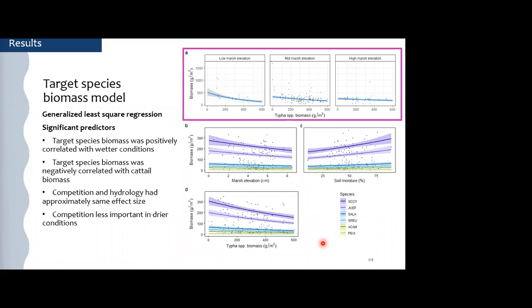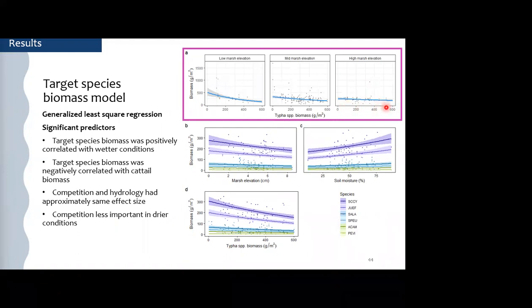I also found an interaction between marsh elevation and cattail biomass. So what that means is that at higher marsh elevations, so where it's a little bit drier, there's very little change in target species biomass, even when cattails decrease.